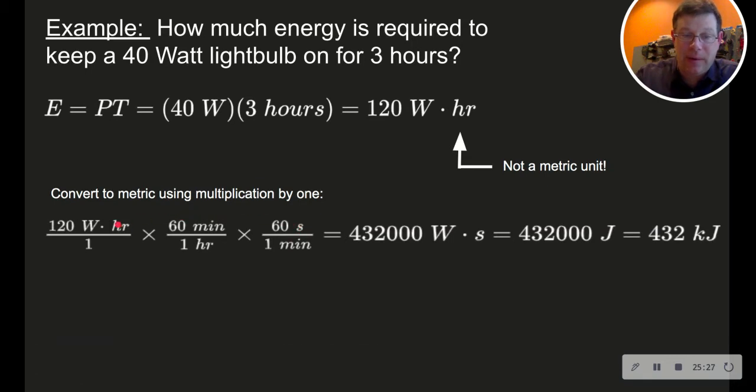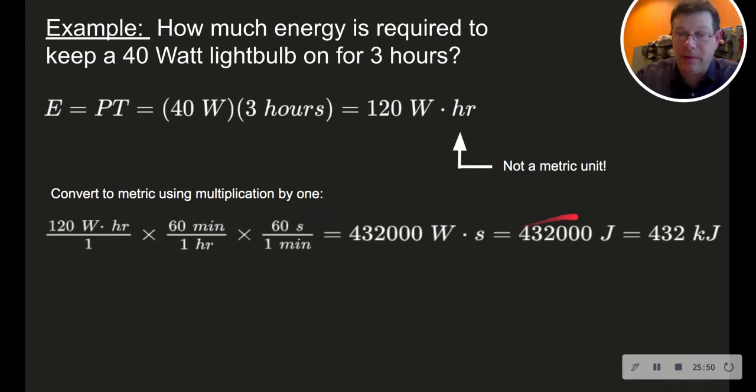So the hours cancel, the minutes cancel, and we're left with seconds, which we bring over, and watts is still left, so we bring that over. So it's a watt second, and going to our calculator, it ends up being 432,000 watt seconds.